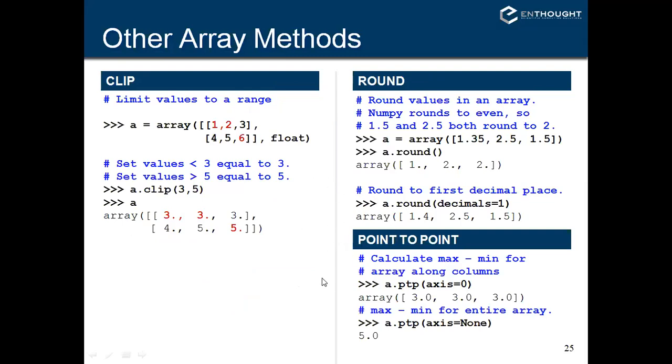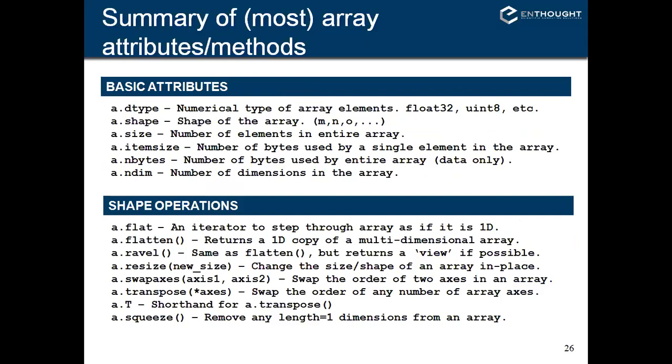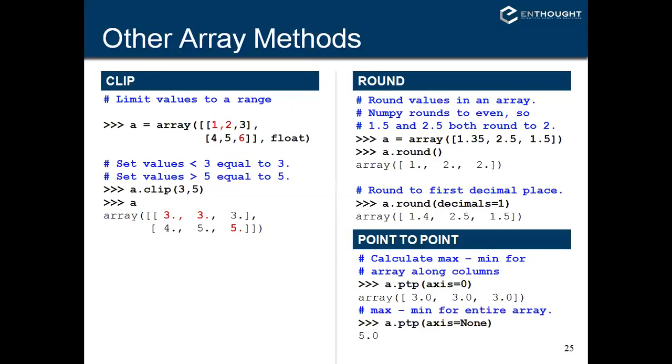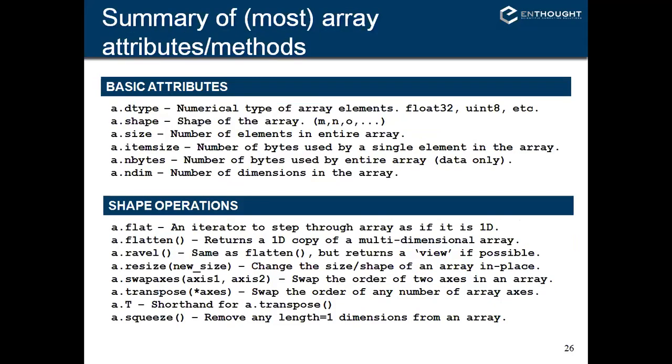Now, here are a few other array methods that you can check. If you wish to change some values, you can use the flip function. If you wish to round off everything, you can use round off methods. So guys, this is basically numpy, and this is a different kind of data type.